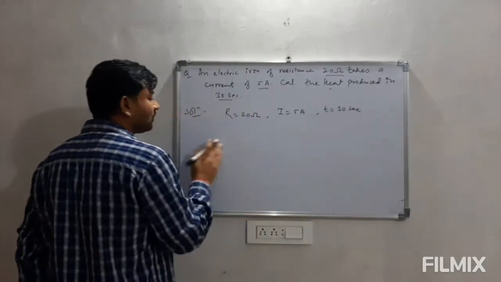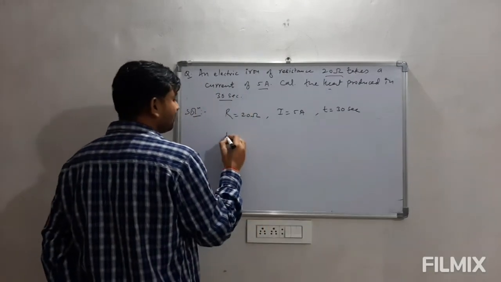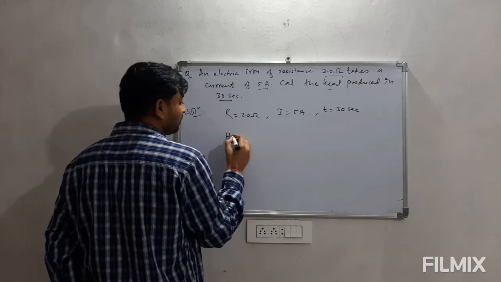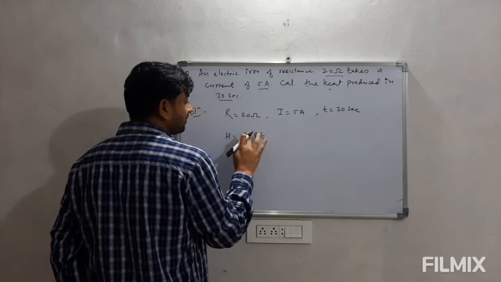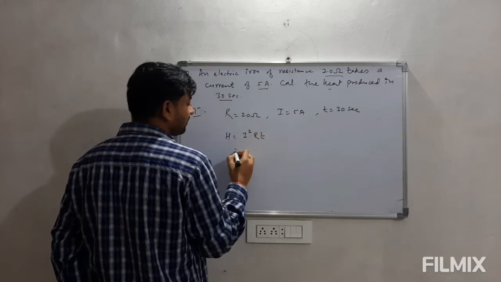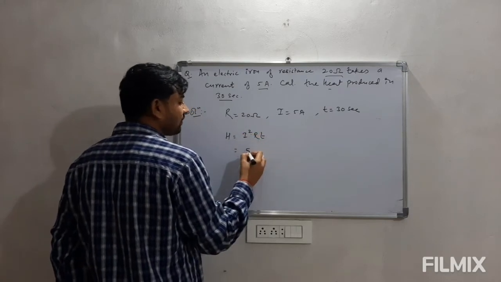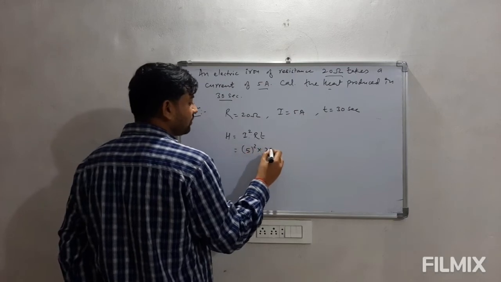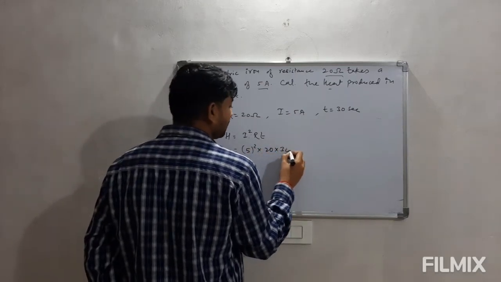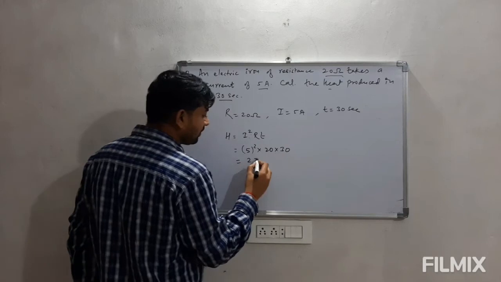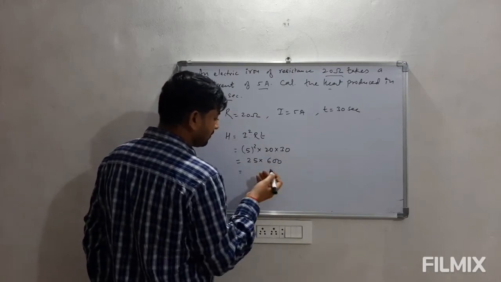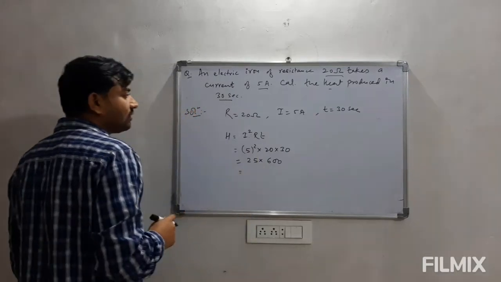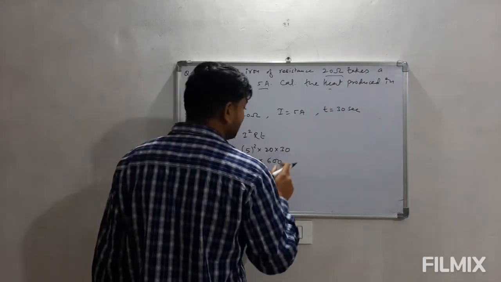Now we have to calculate the heat, which is by Joule's law of heating. We can write I square RT. So let us substitute the values. The current is 5 square into R is 20 and time is 30. So 5 square is 25, then 20 ohm and then 30.